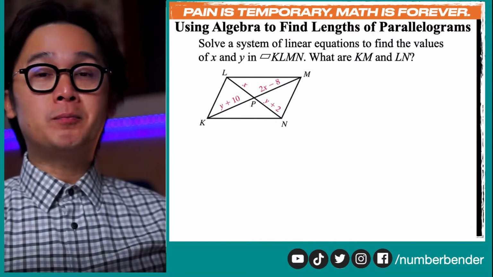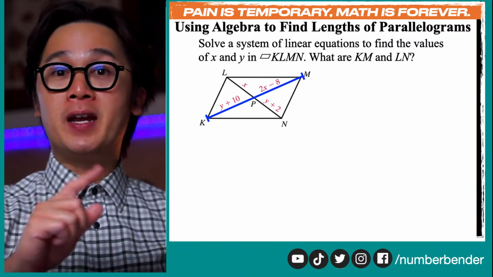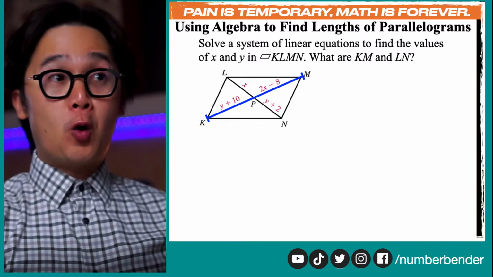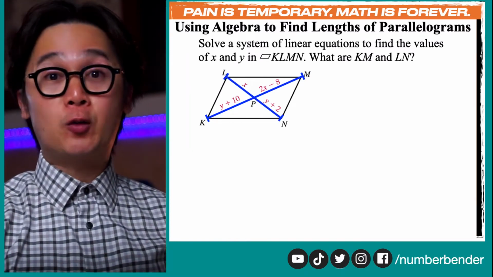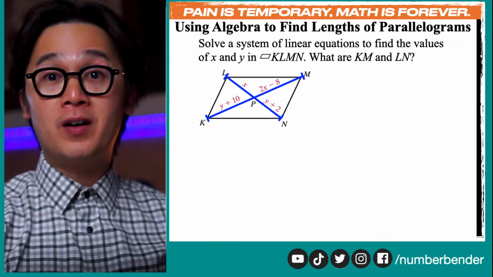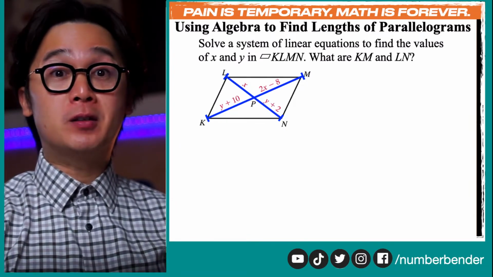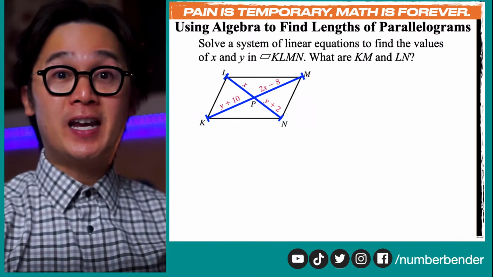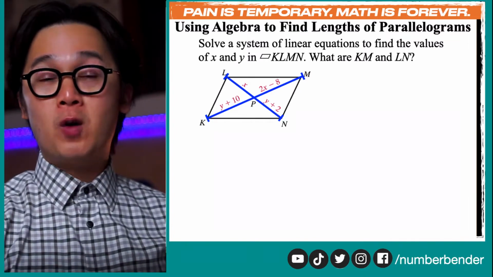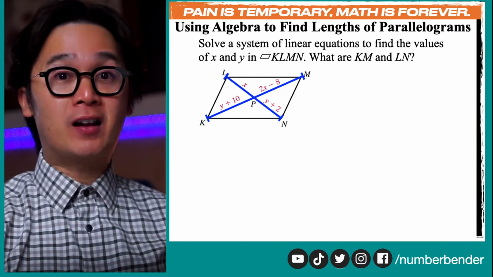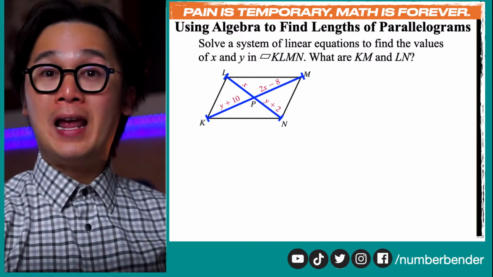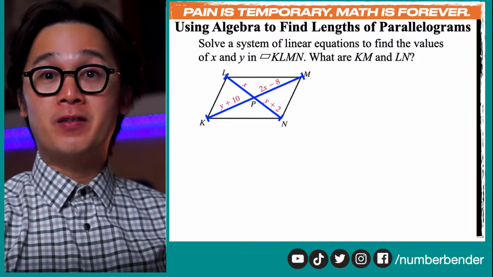This is important because if we're going to find the measurement of KM and the measurement of LN, all we need to do is come up with an equation that will help us solve for the variables that we have right now. And in this case, we have two variables. That's why we need a system of linear equations so that we can find the values of x and y that will help us find the measurements of those diagonals.